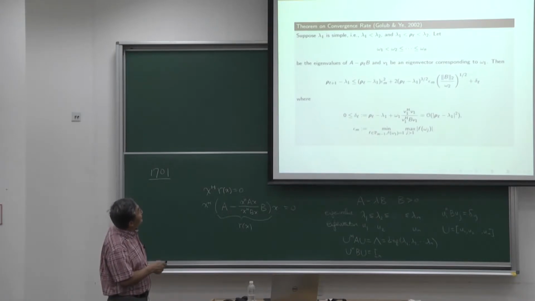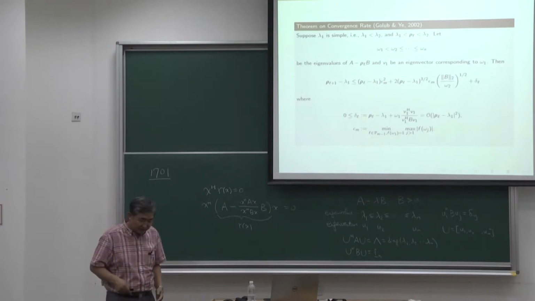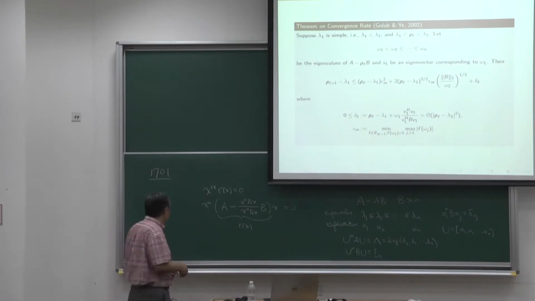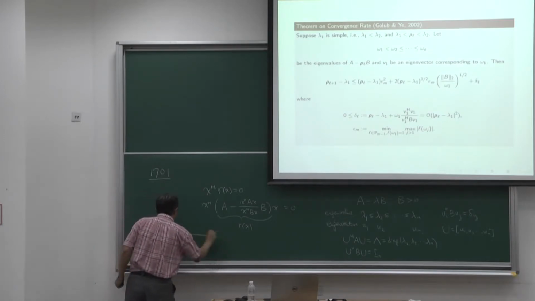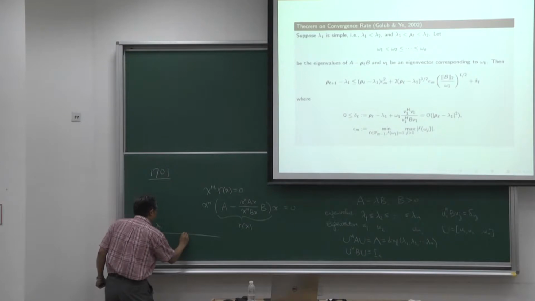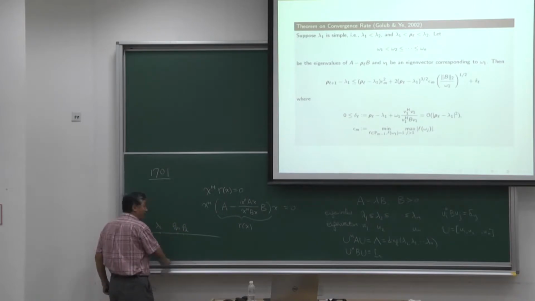So with those, V1 is the eigenvector of this A minus rho_L B, corresponding to the first eigenvalue. This says the next approximation, which is always bigger, is going to be rho_{L+1}, because it's going to go down.